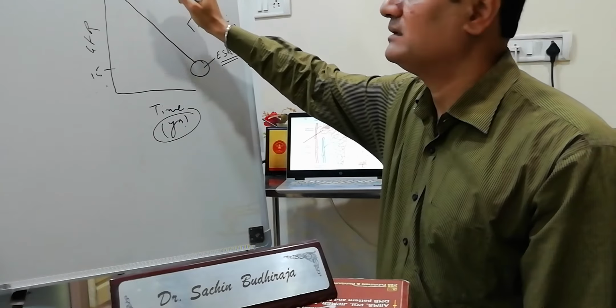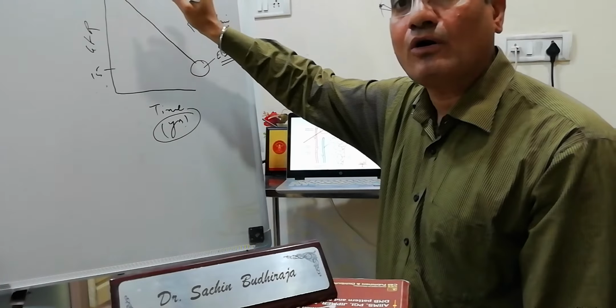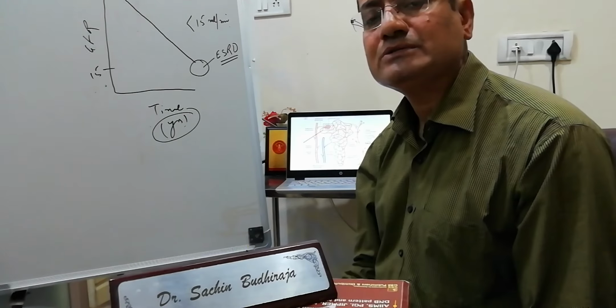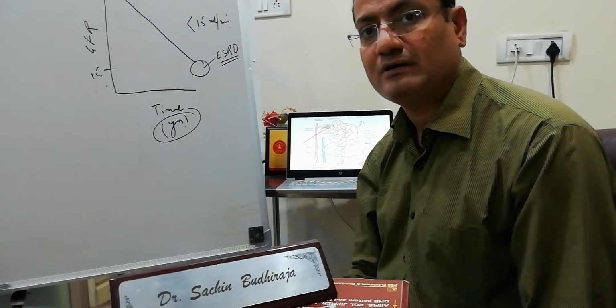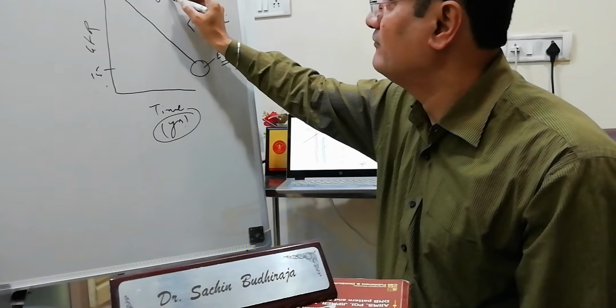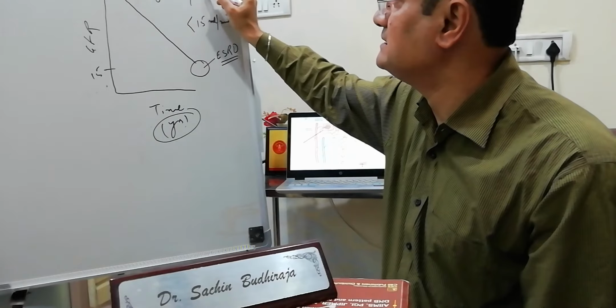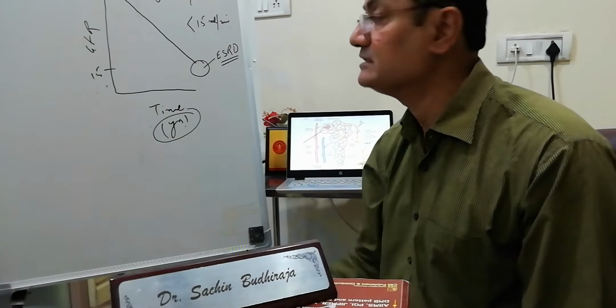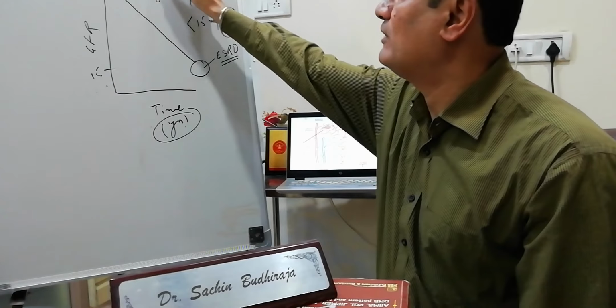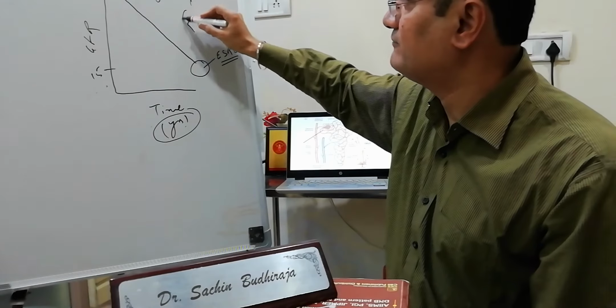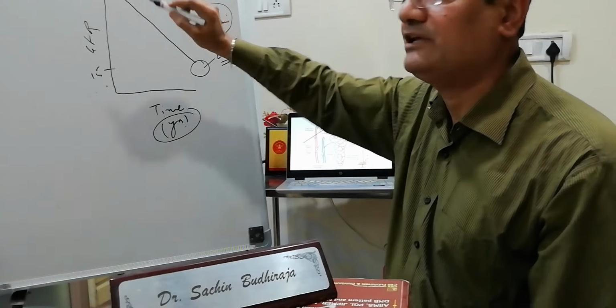Please clear your concepts: when we say 120 ml per minute, it is the total GFR, so 60 ml from the right kidney and 60 ml from the left kidney. Once the total GFR from both the kidneys goes below 15 ml, we say that the patient has landed up in ESRD. Percentage wise, if you calculate, 120 ml is the total, and it has gone down to below 15 ml.